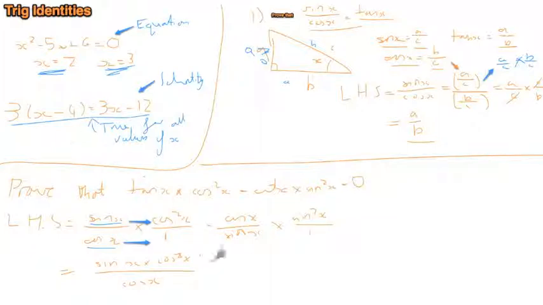So you've got sin x times cos squared x over cos x minus, let's do the same thing over here, cos x times sin squared x over sin. I say sin a lot, but it's sine, but I just say sin anyway.